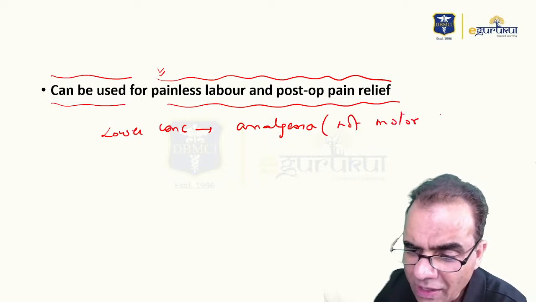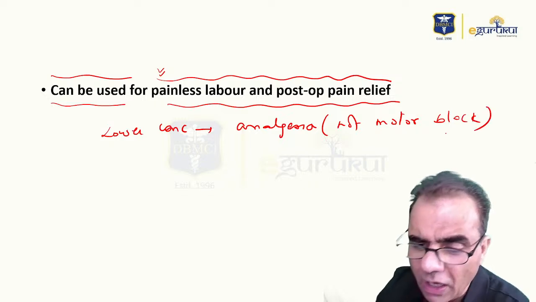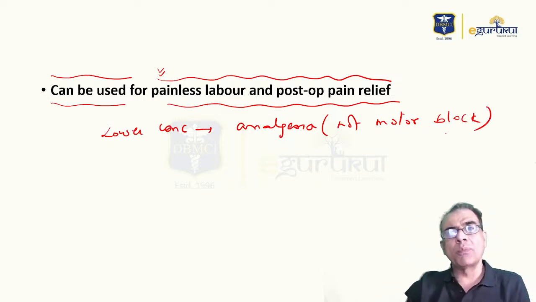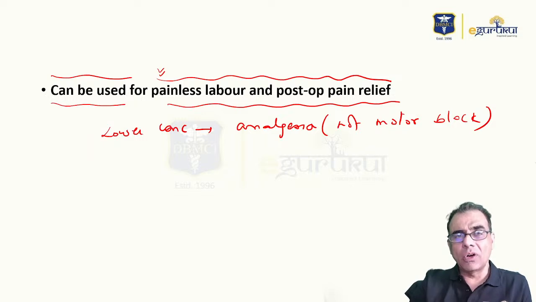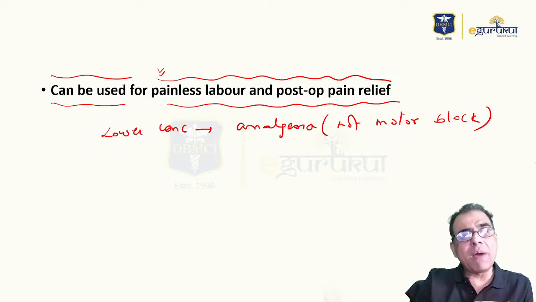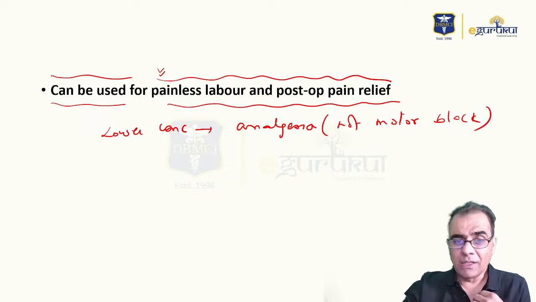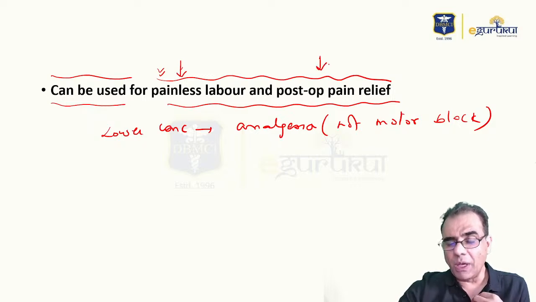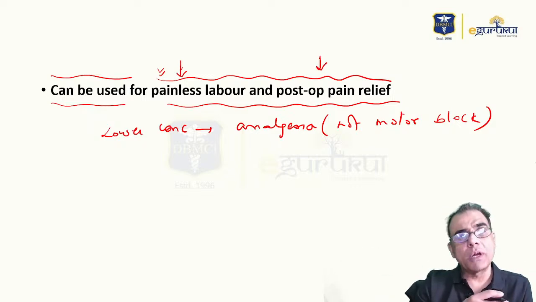We don't want the patient to be paralyzed in painless labor, otherwise how will she bear down? And secondly, we don't want the patient to be paralyzed in the post-operative period.